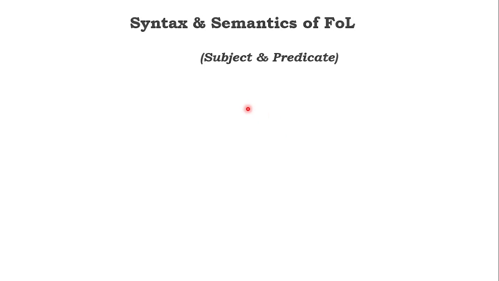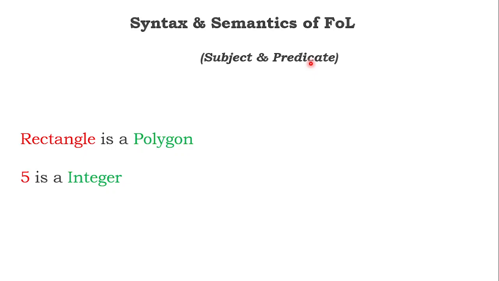Let us look at the syntax and semantics of first order logic. We are going to define a statement now, and I will tell who is the subject, that is called the base, and who is the predicate in this particular statement. Rectangle is a polygon. Listen carefully to the way I am reading. Rectangle is a polygon. 5 is an integer.